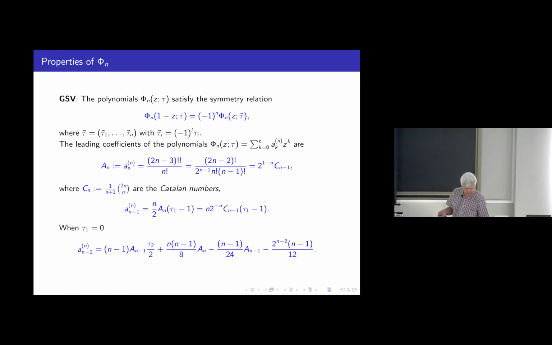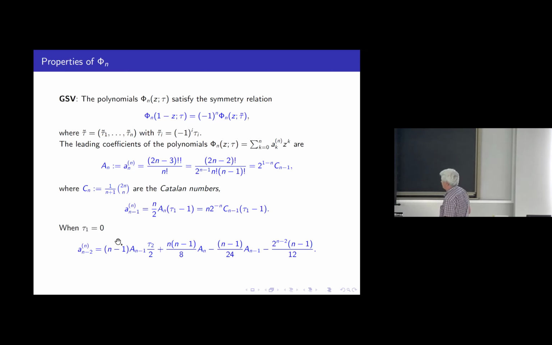The claim I want to make is that there is a parallel with Bernoulli polynomials, but the leading coefficients are not monic. Leading coefficients are Catalan numbers, and this is the leading term, and then the next term is also Catalan numbers, but they also depend on tau1.